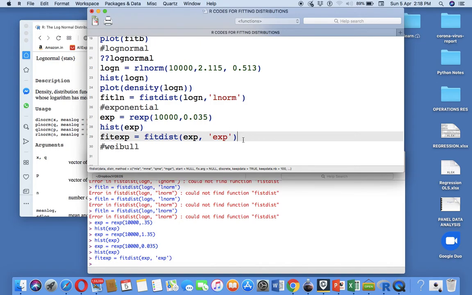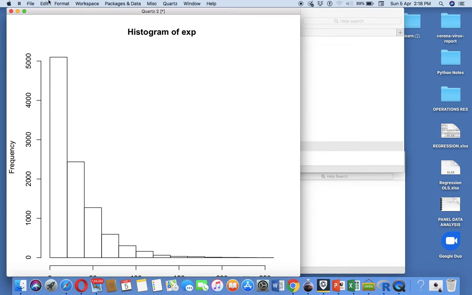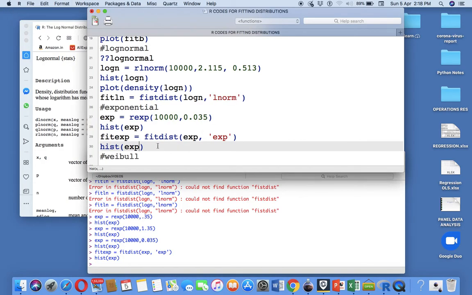Right. So data has been generated, and now we will look at the histogram. Histogram, yeah, it gives us the exponential distribution. We saw that earlier, right? And I can plot it.